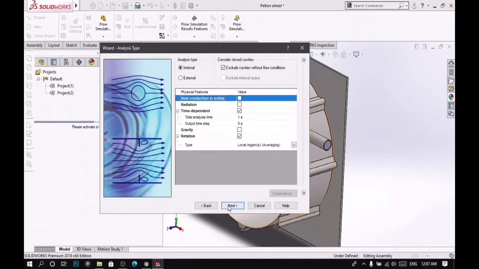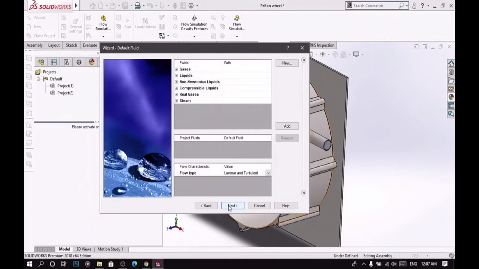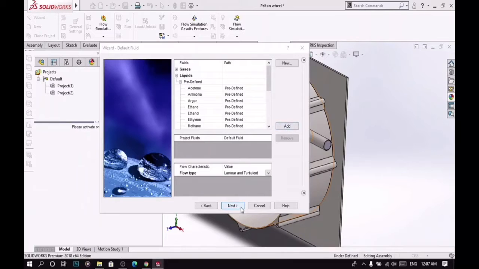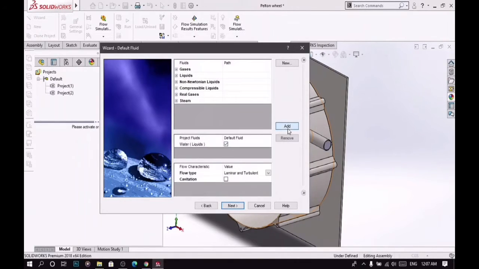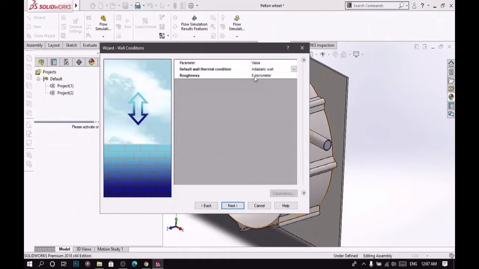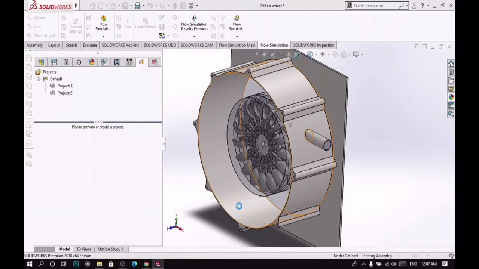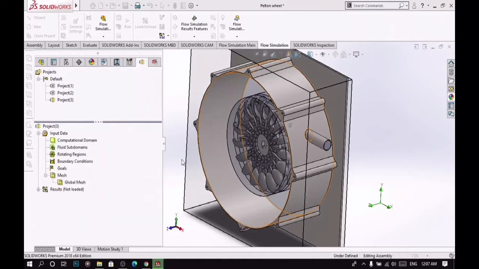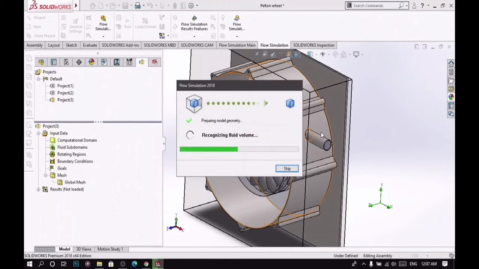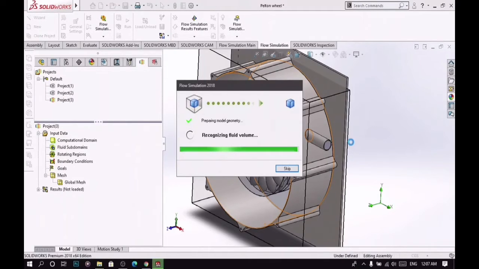Next we must input what type of liquid we are using, and in this case we are using only water because this is a water turbine. Then you wait until all the parameters are done with the input. You just wait for it to finish loading or recognizing the fluid volume, and here we are.